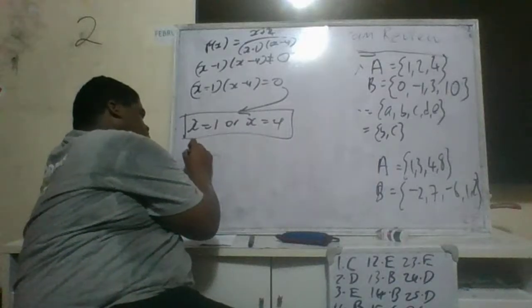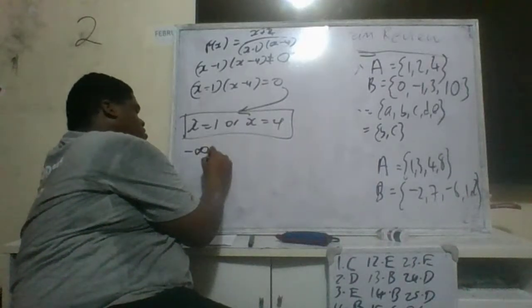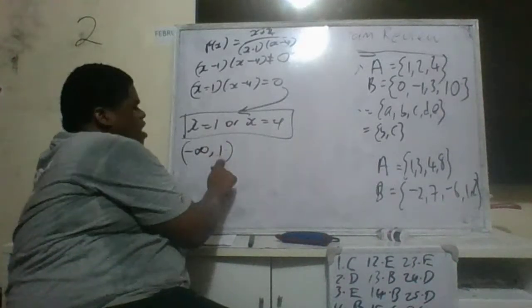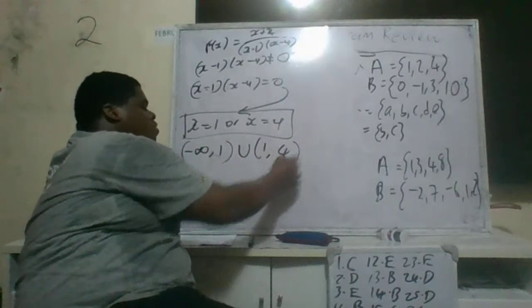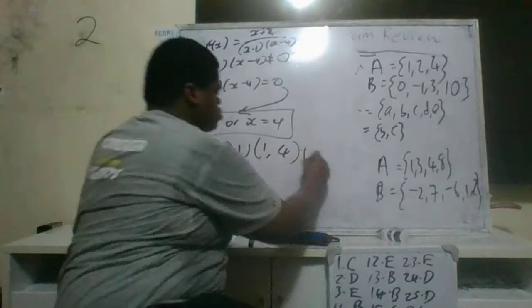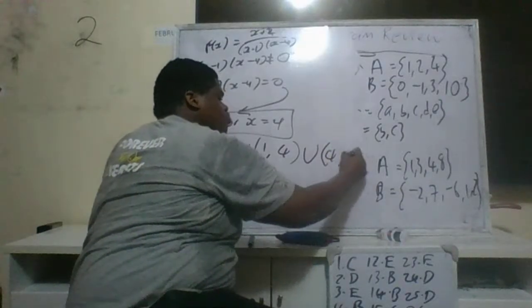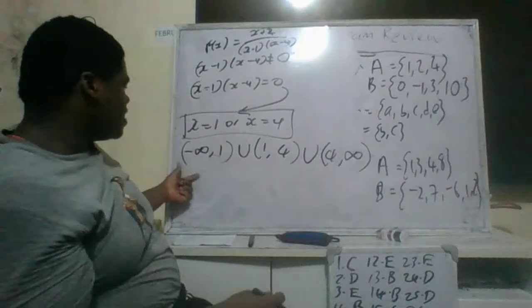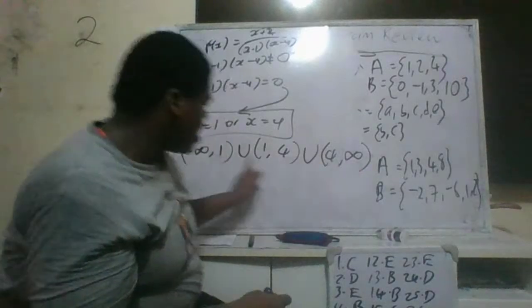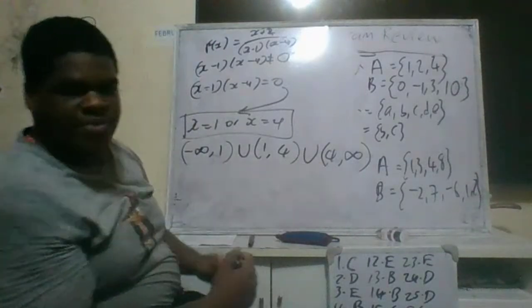How do you do that? Well, simple. From negative infinity to 1, 1 is not included. Union from 1 to 4, 1 and 4 not included. Union from 4 to positive infinity, 4 is not included. So you can say I added all the numbers from negative infinity to infinity, but I have removed 1 and 4.